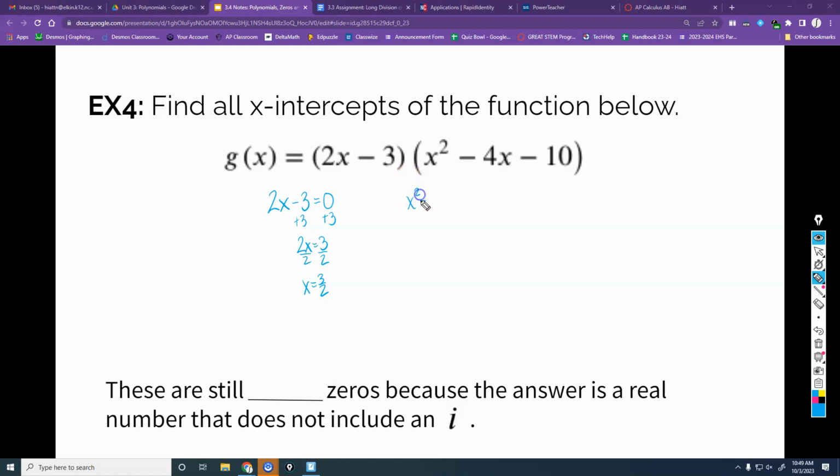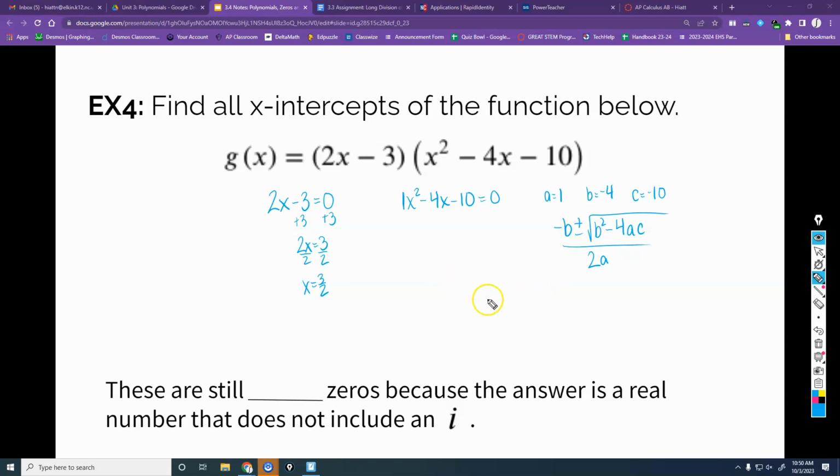And then x squared minus 4x minus 10 would equal 0. And I could try to factor this, but this one will not factor. So this is where you would have to use that quadratic formula. So that number in front of your x squared is 1, so a is 1. B would be -4. C would be -10. So we're plugging it into -b plus or minus square root b squared minus 4ac all over 2a.